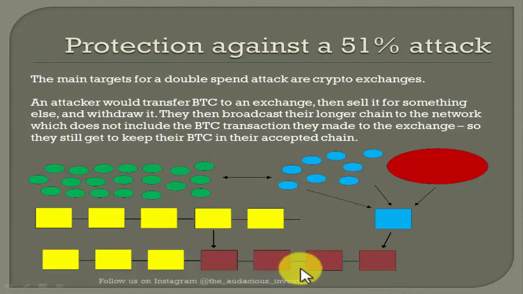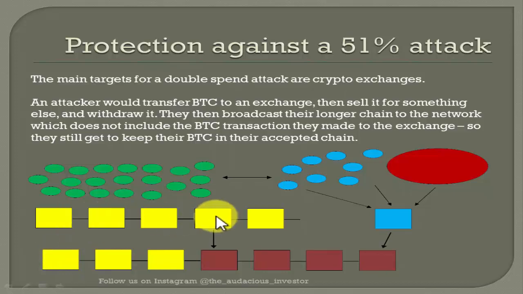So now he continues to mine on the rogue chain, and his rogue chain has more hash power, so it's the longest. So when he broadcasts his chain to the network, all the nodes in the network accept the attacker's chain as being the most correct one due to having the most proof of work done to it, due to having the most hash power dedicated to it.